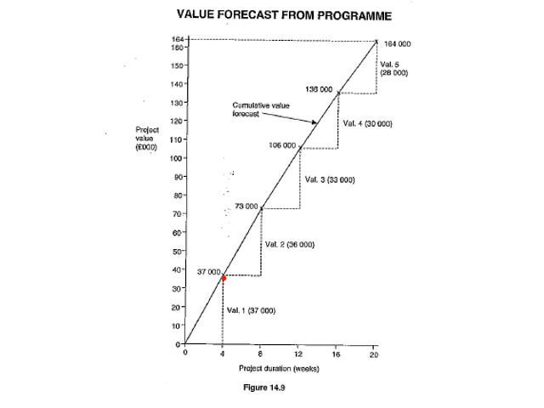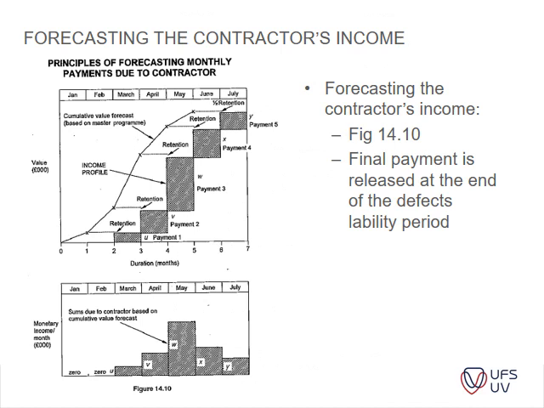It's 37,000, 73,000, 107, and then 136, and then 164. So your cumulative value forecast. Remember, I've been talking about your cash flow and outflow and so on, but this is actually applicable to your cumulative cost of the project. Okay, you'll understand that a little bit later.